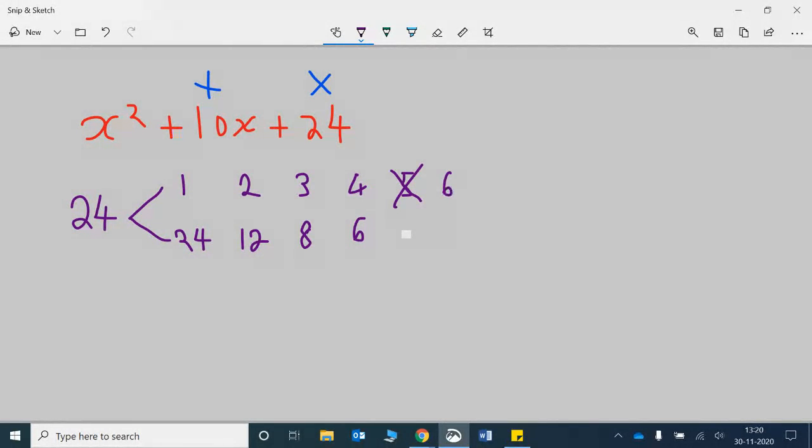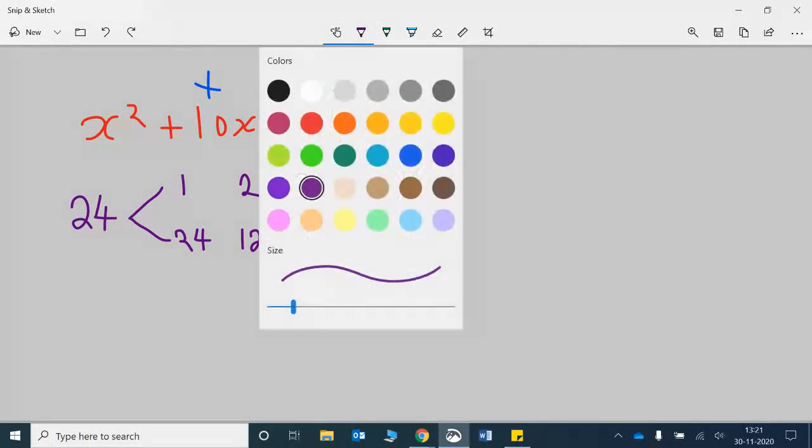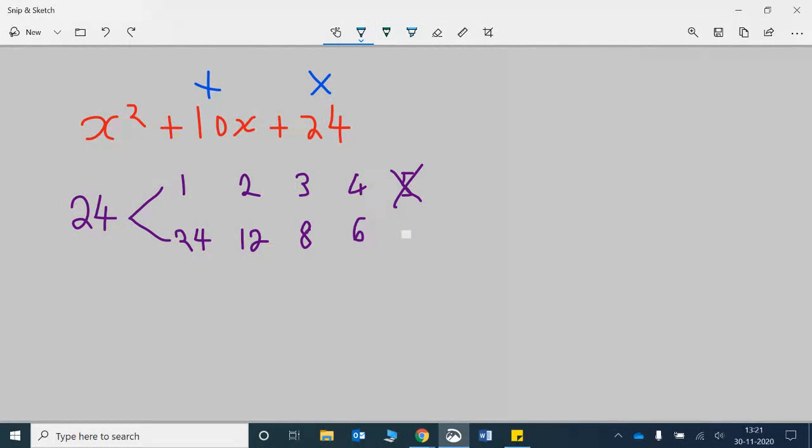Now, when we get back to 6, we've already done 6. So as soon as we've got a number which is here at the bottom, we don't need to go any further. So we don't need to do 6. 6 is already there. Okay, so at this point, we need to think which ones of these add together to give 10. So next, I'm going to do a little add here at the bottom.